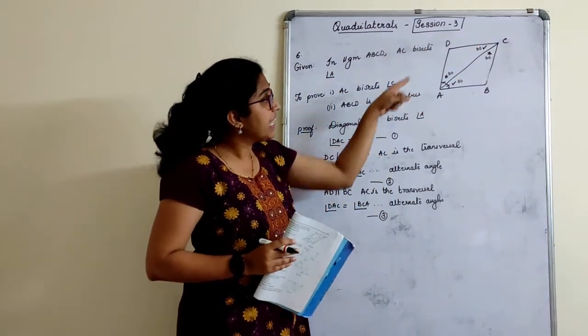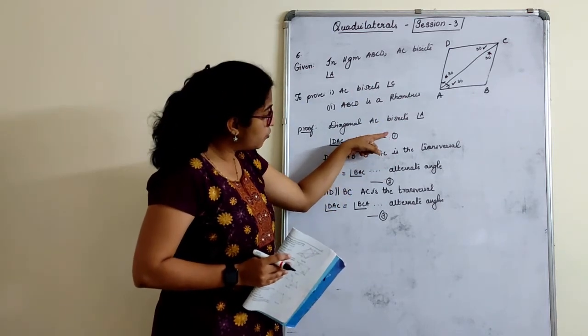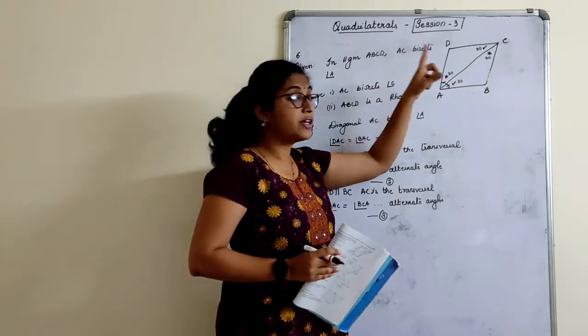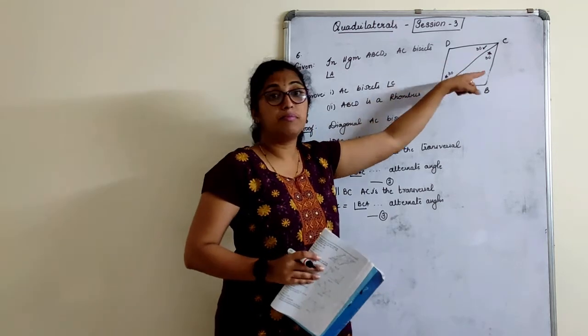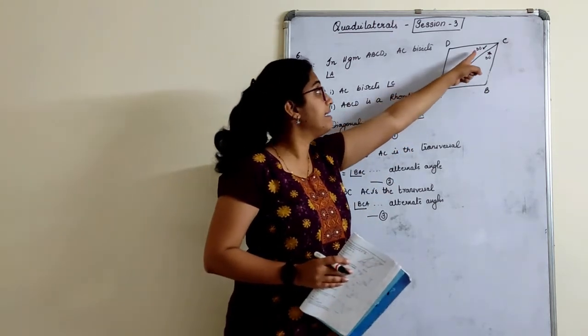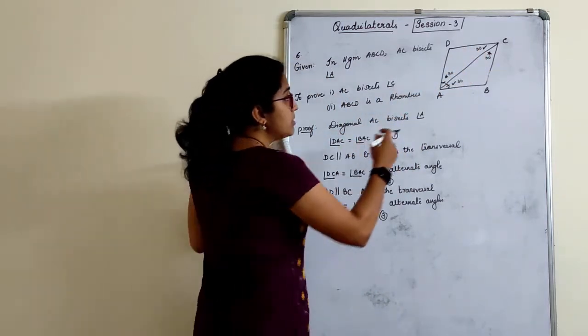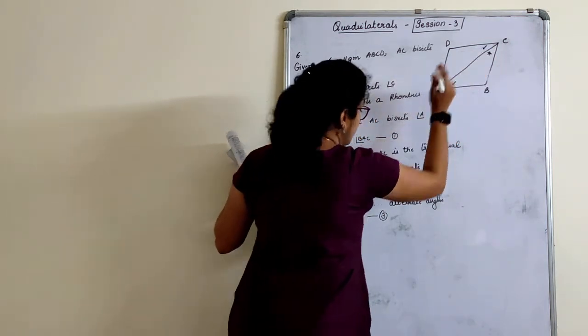Now can I tell AC bisects angle C also, right? From equations 1, 2 and 3 all together we will take. See, numbers we are not supposed to take here, but to make you understand, I just took these numbers. From equations 1, 2 and 3, I can directly tell that this angle is equal to this angle. I will rub this 30 degrees, children. This is only for your understanding.